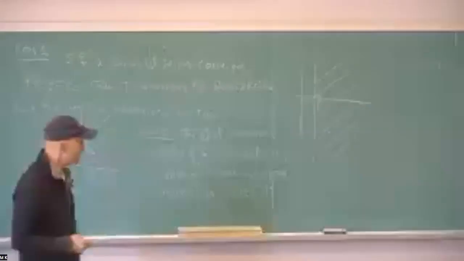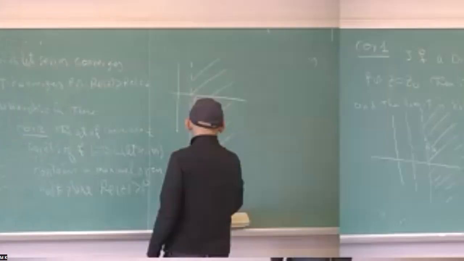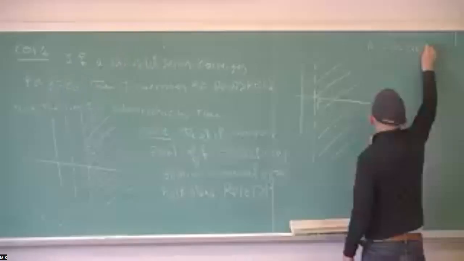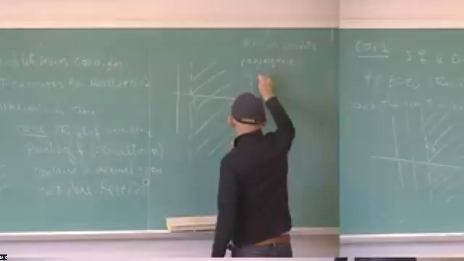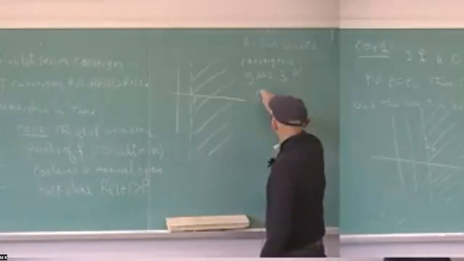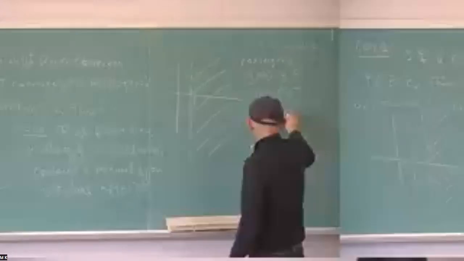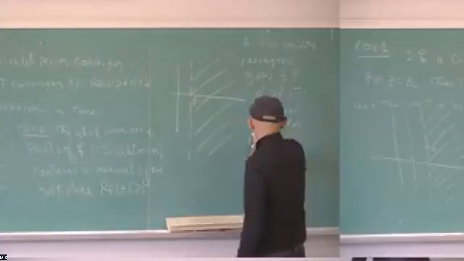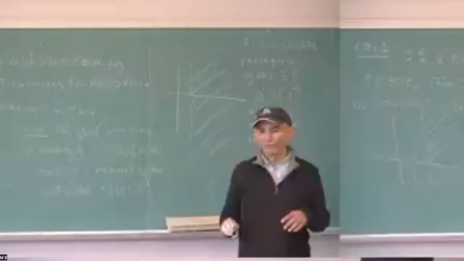So let me write it down then. As far as absolute convergence goes, there exists another, in general a different number, rho prime bigger than or equal to rho, such that f of z is absolutely convergent for real part of z bigger than rho prime, and is not absolutely convergent for real part of z less than rho prime.